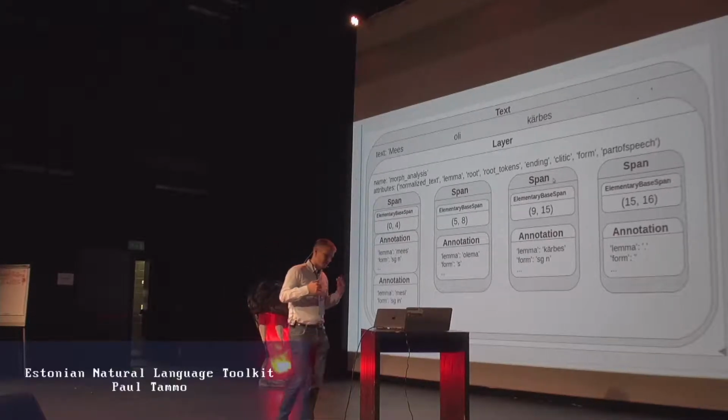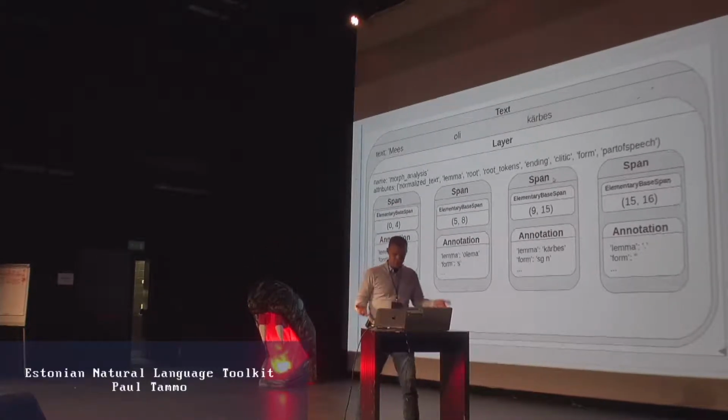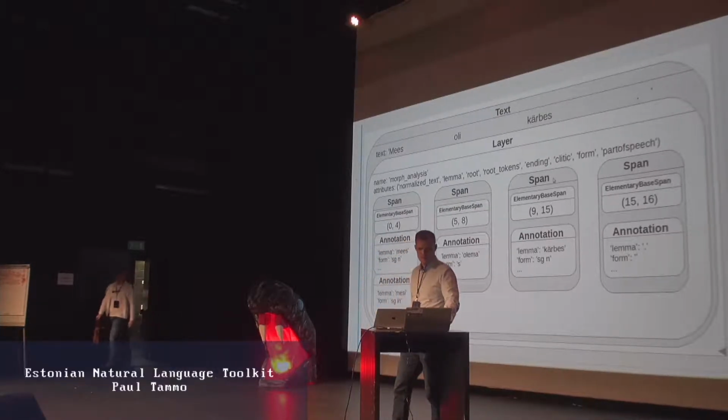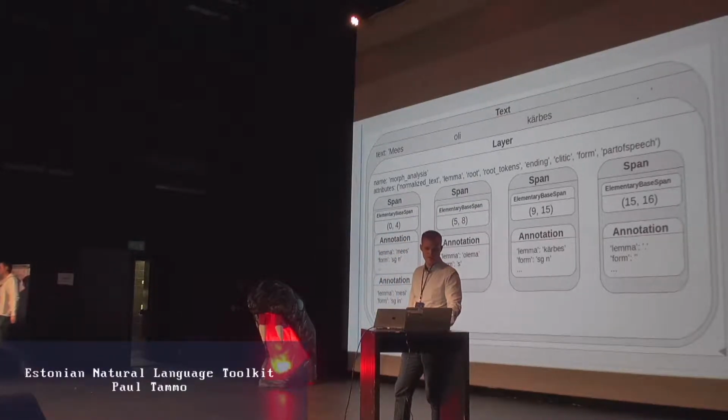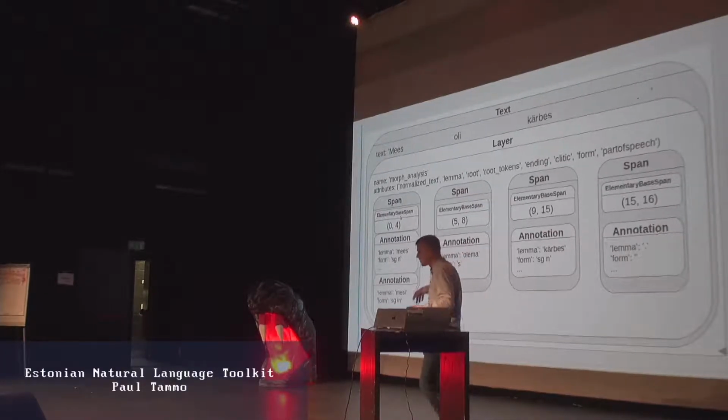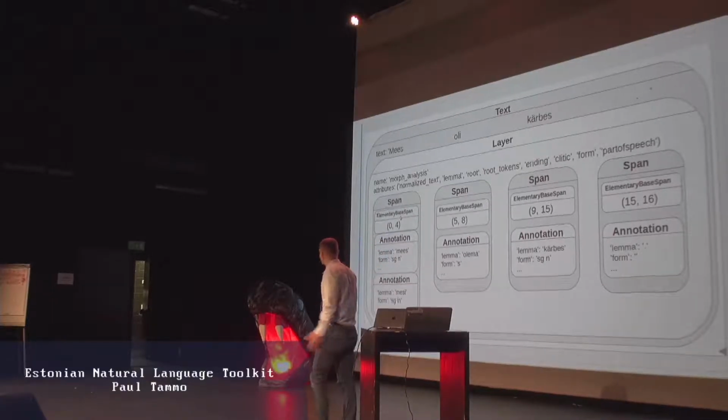It means that layer can be indexed by integers, but also by the special kind of indices called base spans. So a list of spans, in this case, for every word in the text there is one span, and a span again is a simple thing.